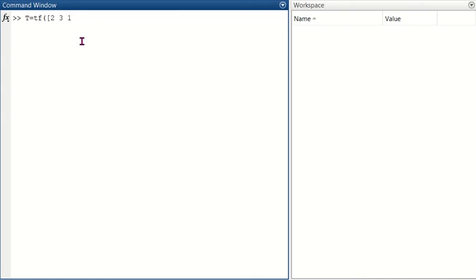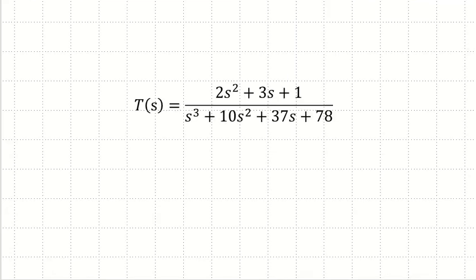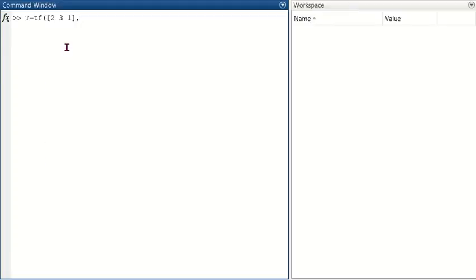This forms the numerator polynomial. Then for the denominator we have s cube plus 10s square plus 37s plus 78. So the denominator can be written as s cube, for this we have 1, then we had 10s square, then we had 37s.